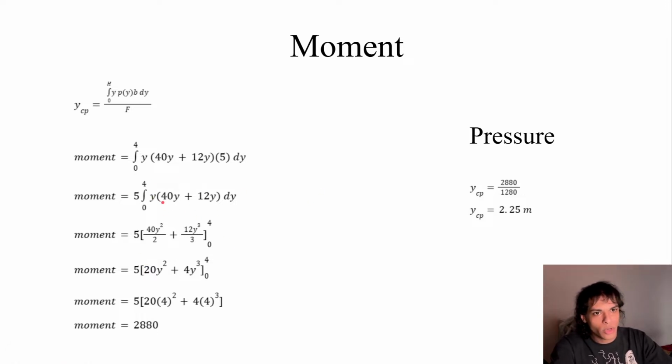Now it's a little bit different since we multiply the y inside. Now it's y squared and y to the power of 3. We take the integral of those. It's quite simple, same thing here. So over 2, over 3, and then we simplify it. We substitute the 4 and the 0, and we get the final moment, which is 2880.